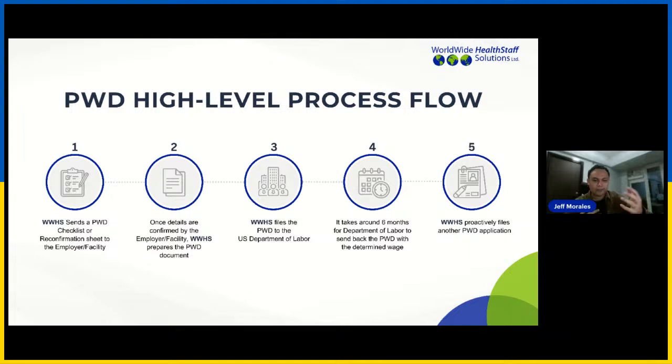Hence, we coordinate with our health facility partners: here are the details, you have to fill this information in, and they have to send it back. We have a document called a checklist, which the health facility partners have to fill out. And once we receive that, we prepare the prevailing wage determination document, and we have internal processes in place to ensure that we do it accurately.